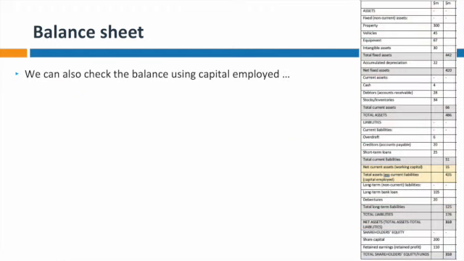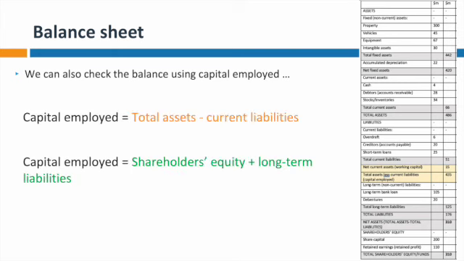And now the second way to achieve balance is to check the balance using capital employed. We know that capital employed is going to be total assets minus current liabilities, which is here. That is why we need the net sum right here. And the second part is shareholders' equity plus long-term liabilities.